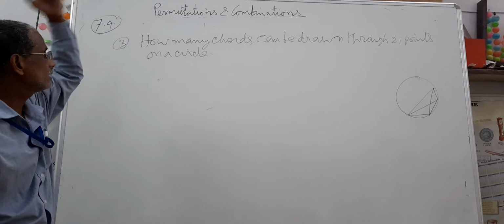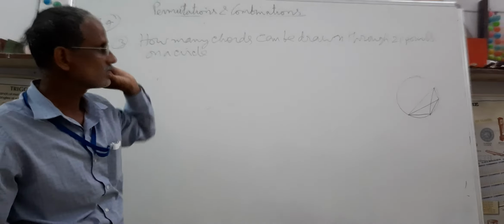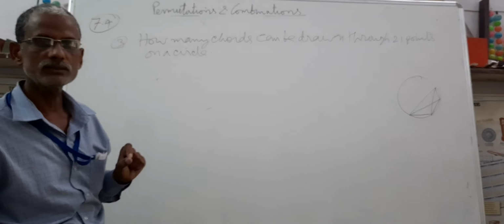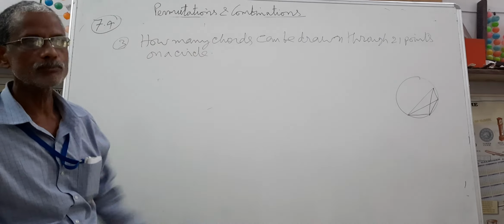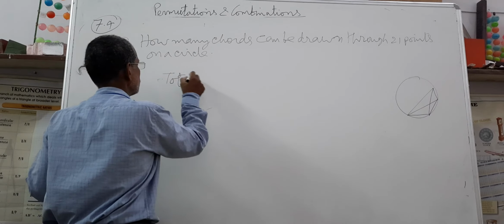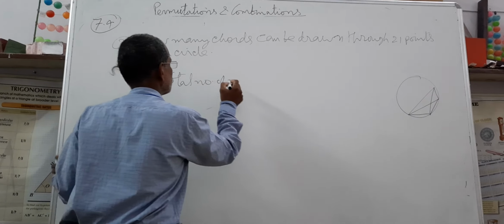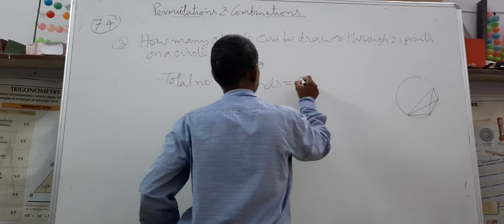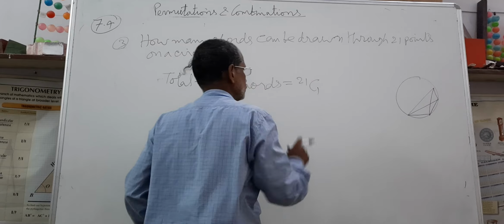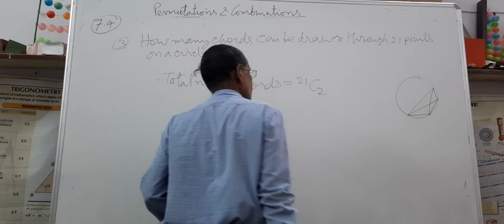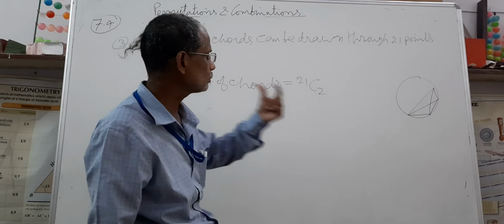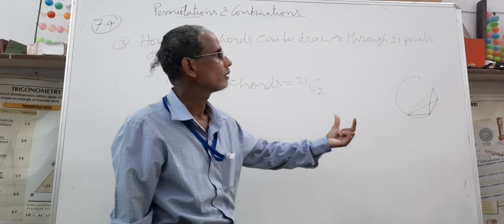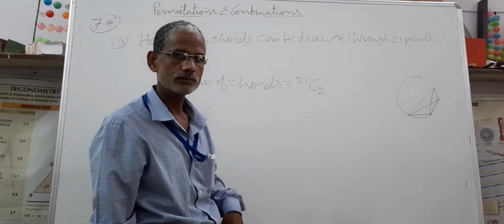The question is the number of ways of selecting any 2 points from the given 21 points. The total number of chords is equal to 21C2. We are required to select any 2 points among 21 points.